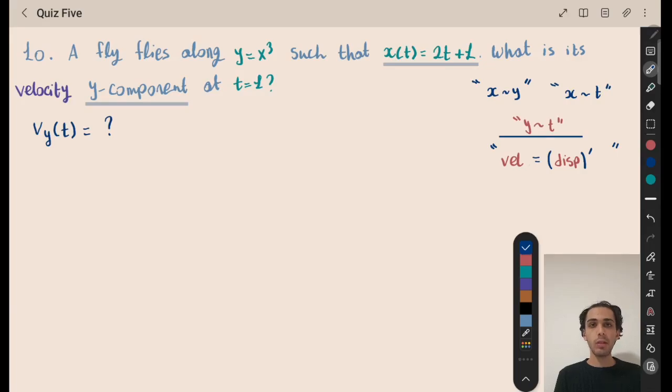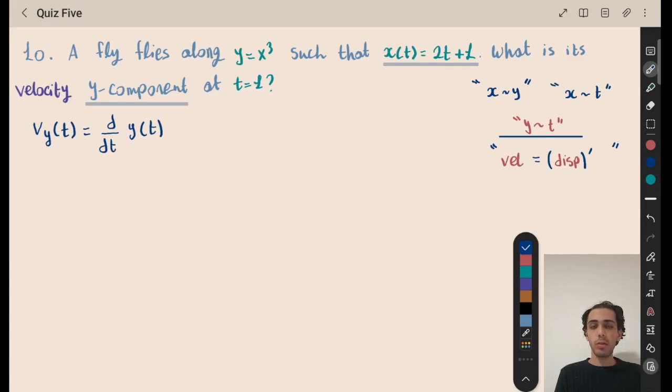Okay, if velocity is the derivative of displacement, then it's a derivative with respect to time, of course. When I say derivative of displacement, I mean with respect to time of the position of the y component of t.